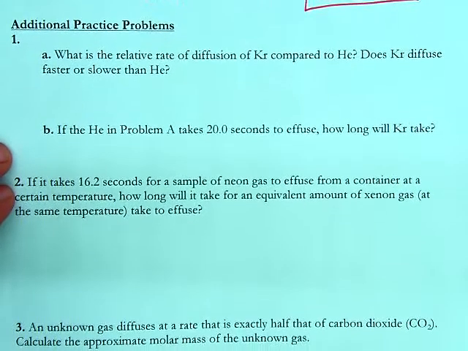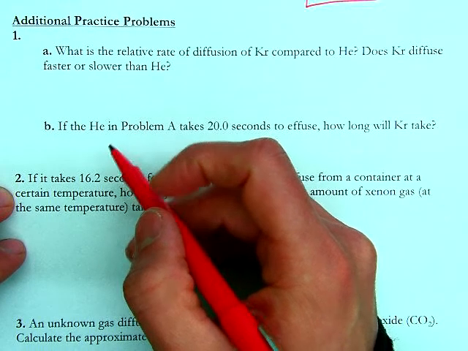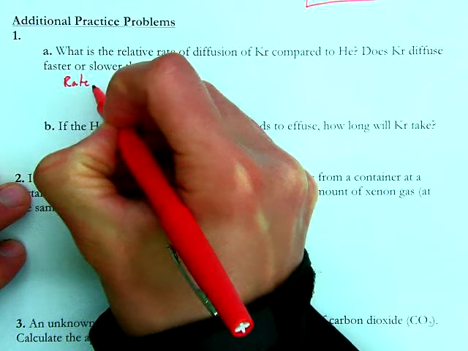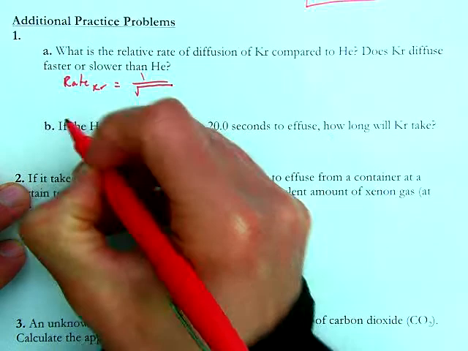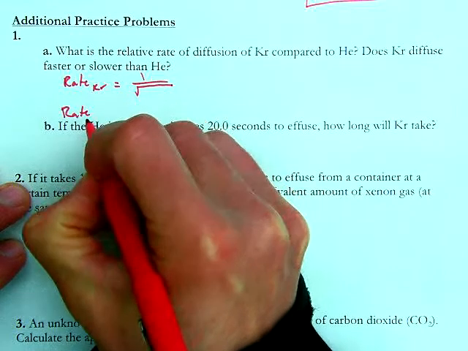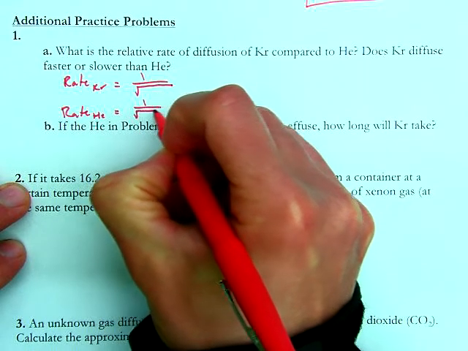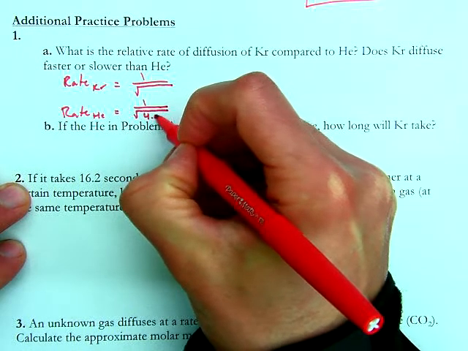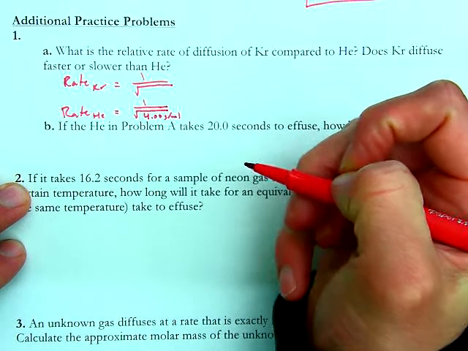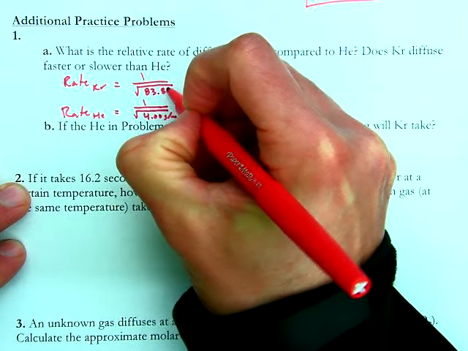Number 1 here says, what is the relative rate of diffusion of Kr compared to helium? Does Kr diffuse faster or slower? So the rate of Kr is 1 over the square root of its molar mass, and the rate of helium is 1 over the square root of its molar mass. All right. So for each of these, helium has a molar mass of 4 grams per mole, and Kr has a molar mass of 83.8 grams per mole.